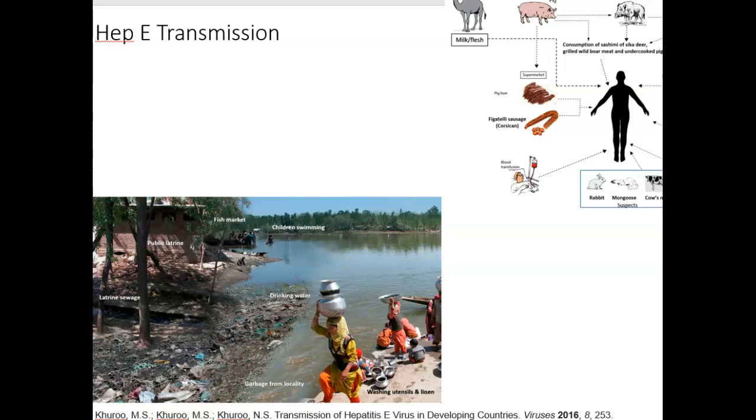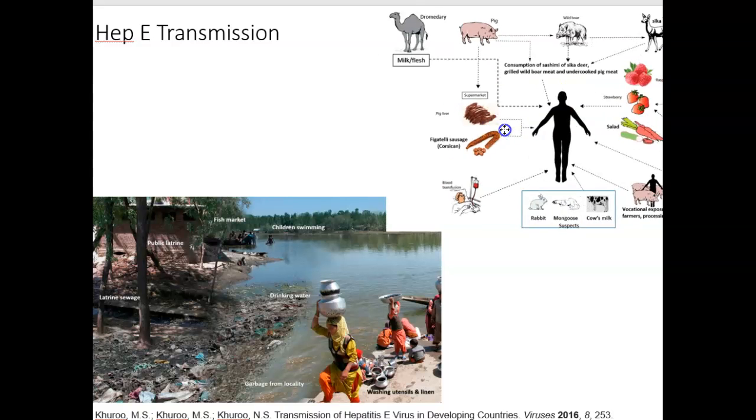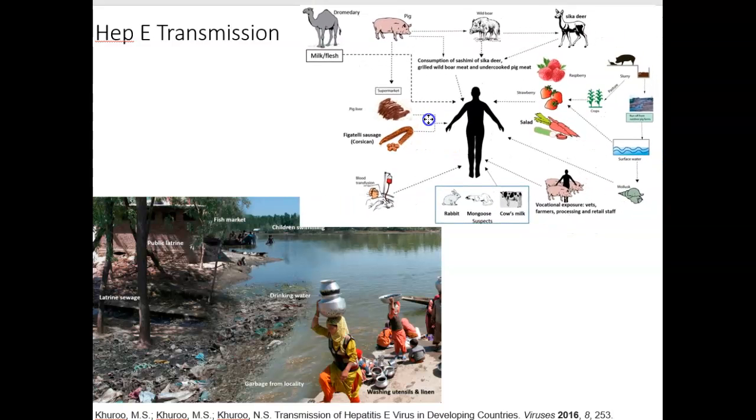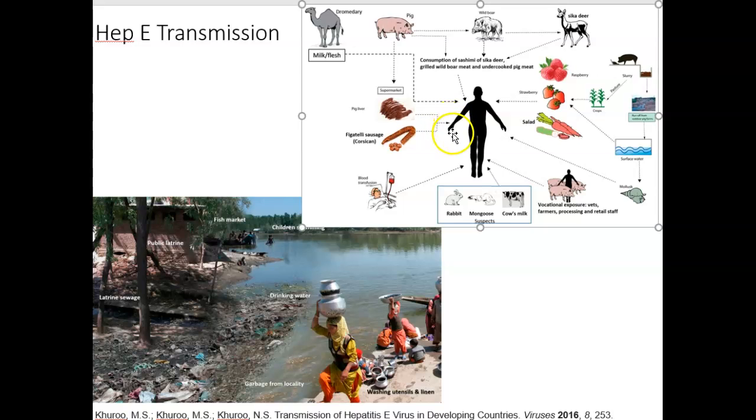A big problem in a lot of the world is they don't have proper toilet facilities. A lot of people might have an outhouse, but that outhouse backs onto the same water source that they are using for other things.